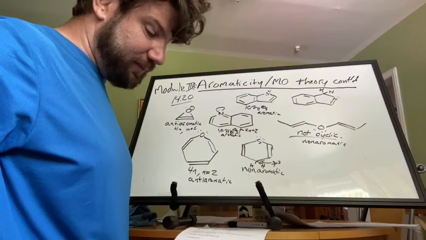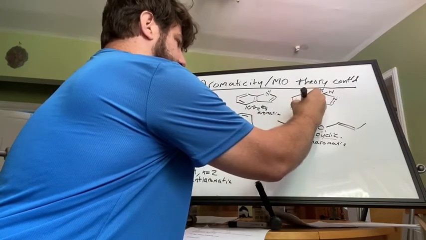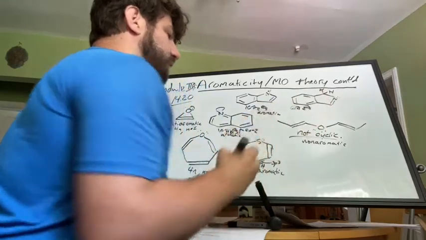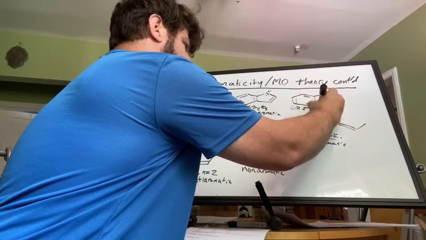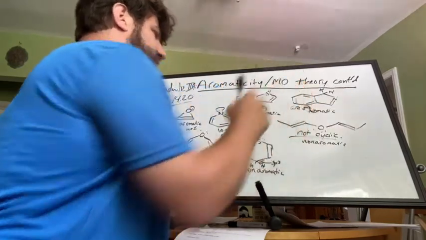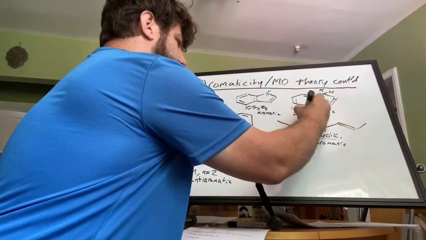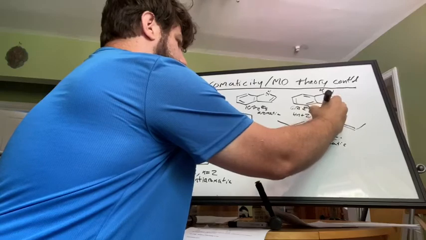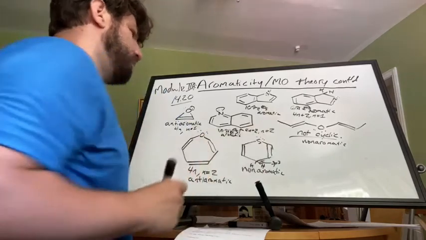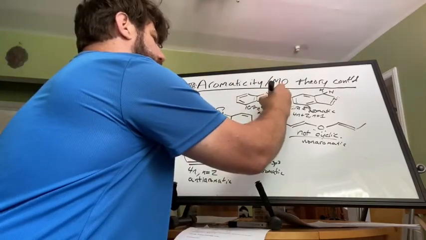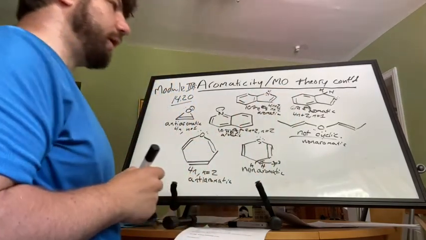So therefore, there's 6 pi electrons, and again, that is going to be aromatic. So cyclic, 6 pi electrons following the 4n plus 2, n equals 1. All right, there you have it.